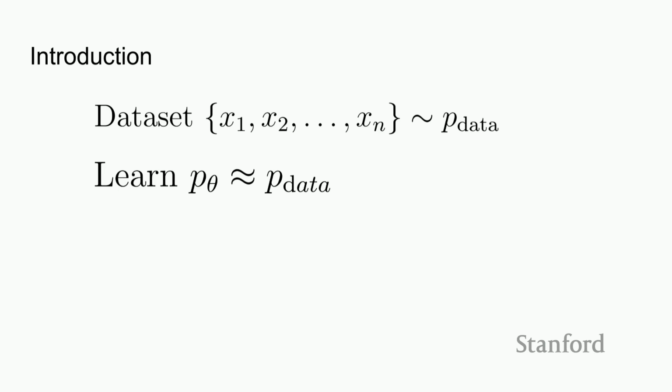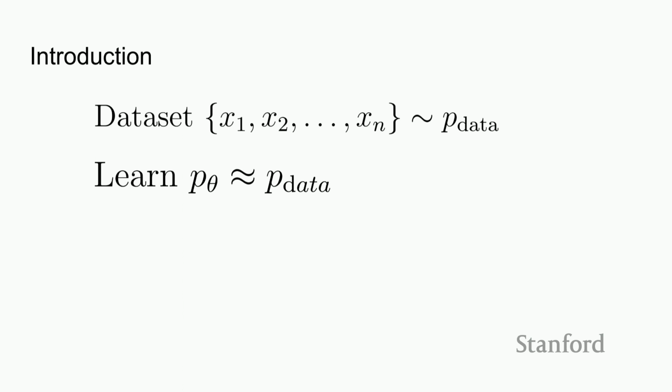To start, I'd like to talk a bit about the general framing of our generative model problem and how things work generally. So typically, we're given a data set, x1 to xn, which we assume is sampled IID from some data distribution p data. Our goal is to fit a parameterized model p theta, often parameterized by a neural network, that approximates our ground truth data distribution p data.